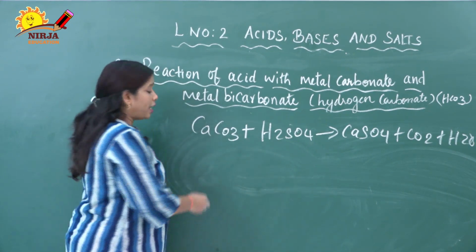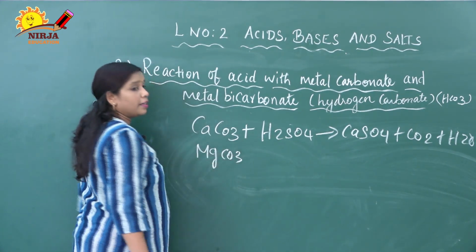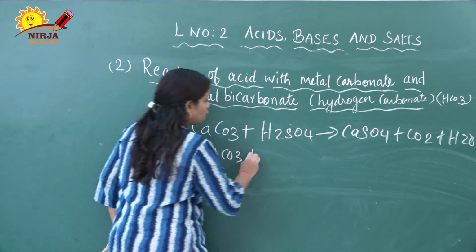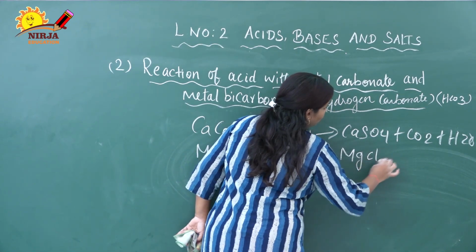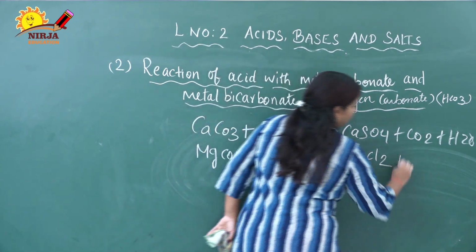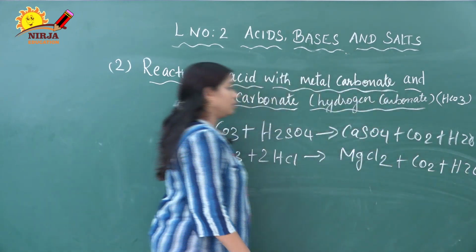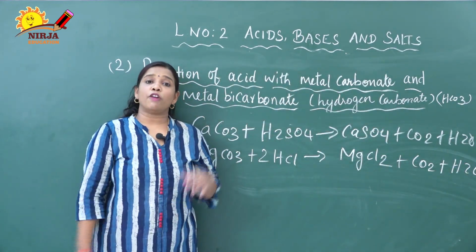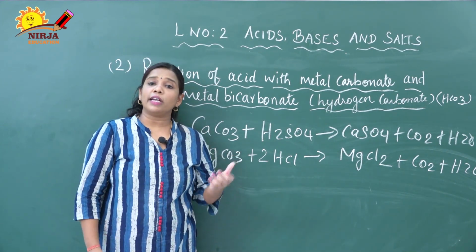In the same way, if you take magnesium carbonate, MgCO3, reacting with HCl, it produces MgCl2 plus carbon dioxide plus water. These are all examples of metal carbonate reacting with acid to produce salt, carbon dioxide and water.